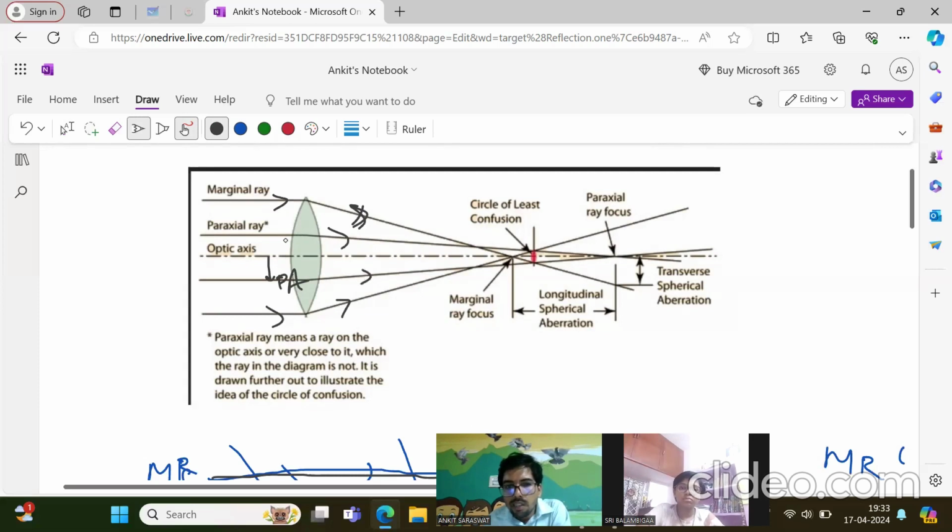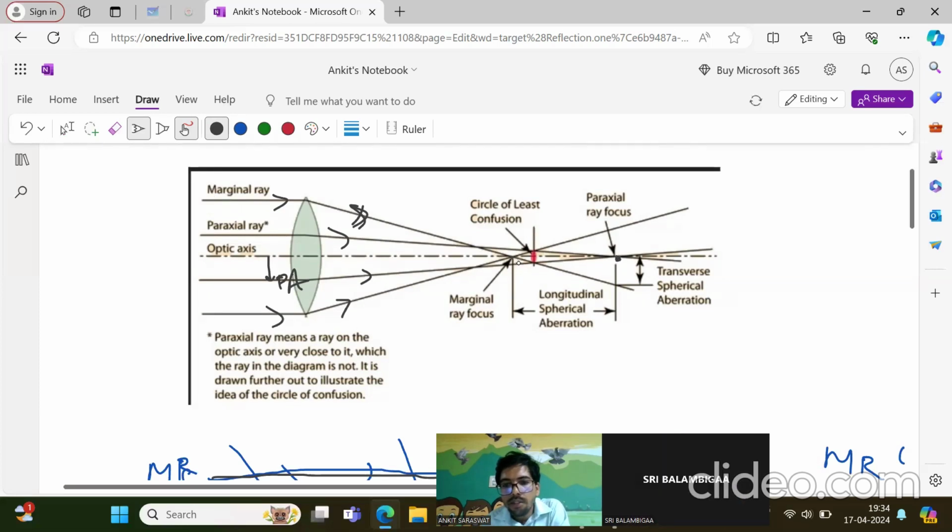So see, every paraxial ray is meeting at a common point. This is known as the real focus of the lens. While marginal rays are meeting at this point on the principal axis, there is a difference. There will be two focus, one this, one this.